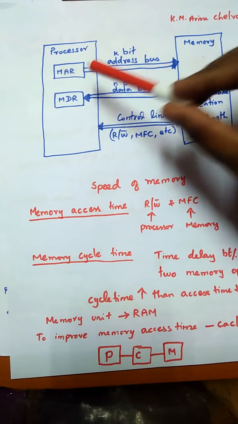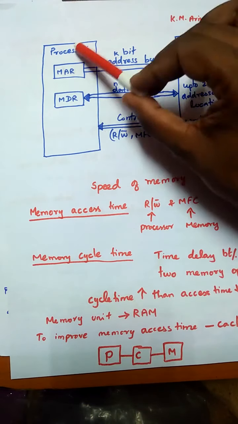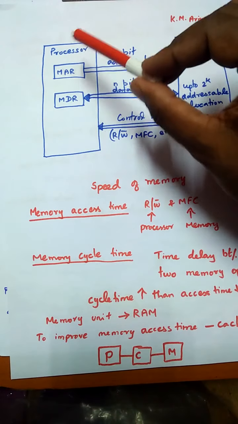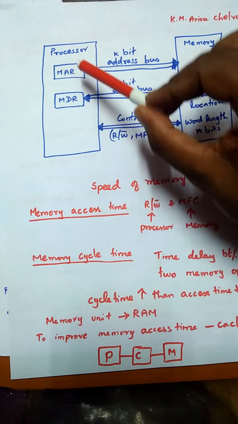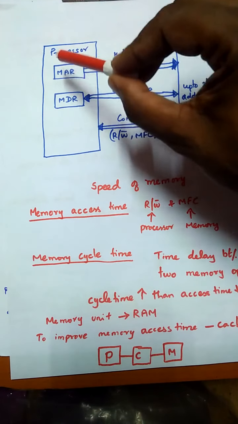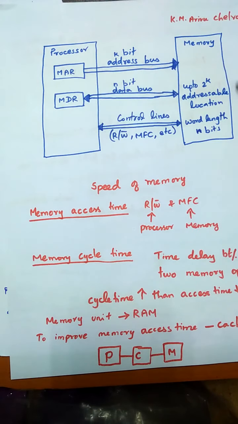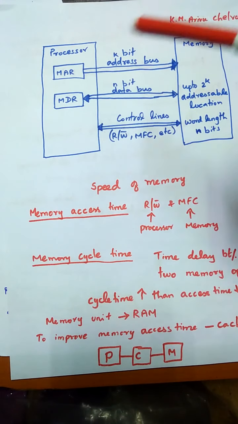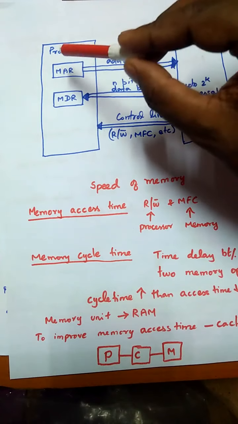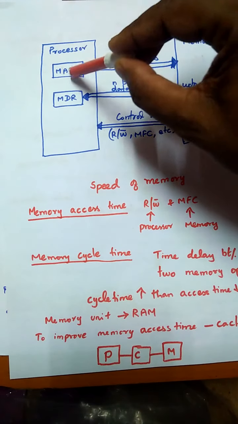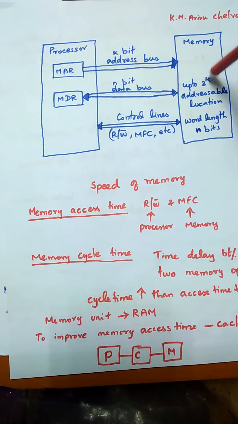See, when any data is required by the processor, it loads its memory address to MAR. The address loaded in the MAR and the physical location in memory are always different.